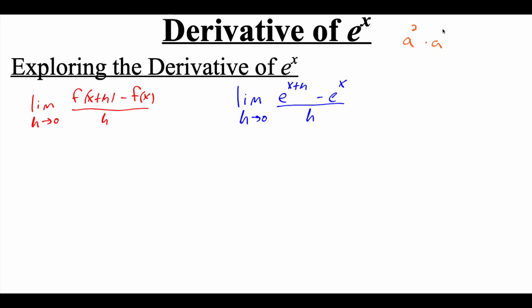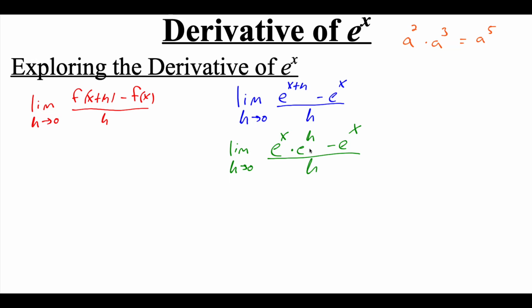So if we had a squared times a cubed, we would add those powers together to get a to the fifth. So I'm going to separate this e to the x plus h into two different pieces being multiplied together: e to the x times e to the h, and then minus e to the x all over h. And we're still doing that limit as h is approaching 0.